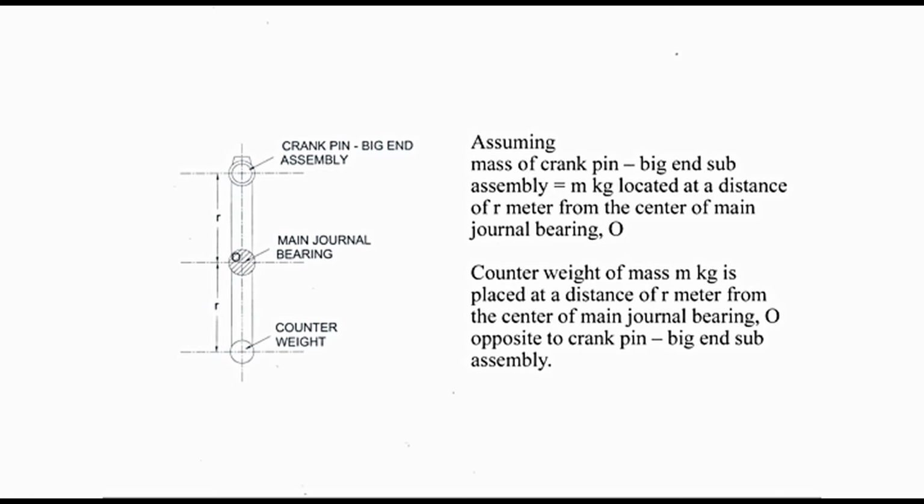If we use a counter mass of 2m kg, the distance between the mass and the center of the main journal can be reduced to r by 2. This is because the product of mass and distance will remain equal.